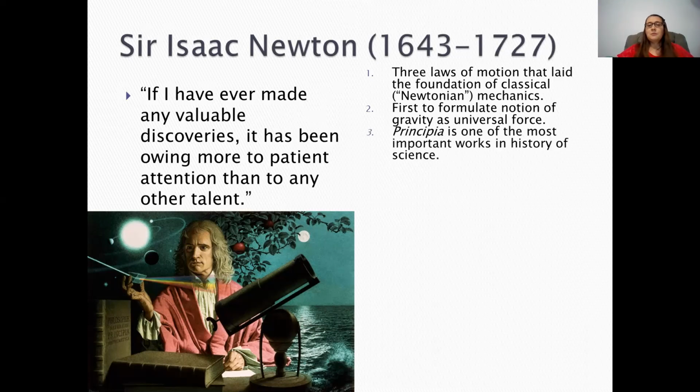A book that he wrote, Principia is the nickname for it, is one of the most important works in the history of science. So this outlined a revolutionary new mathematical description of the universe, which was calculus. So in this book, he explained Kepler's laws of planetary motion.